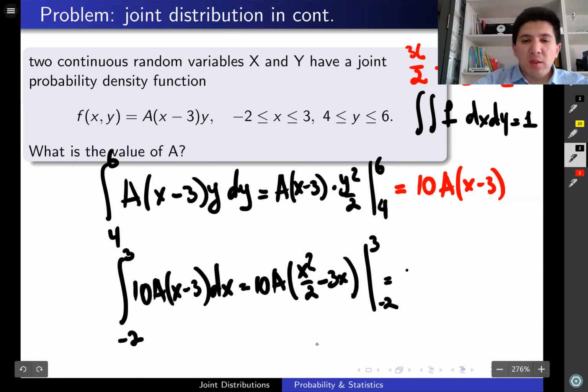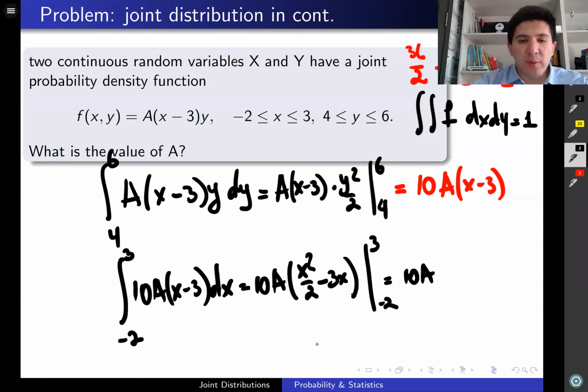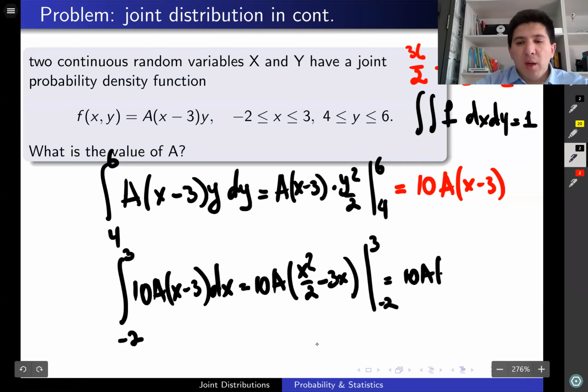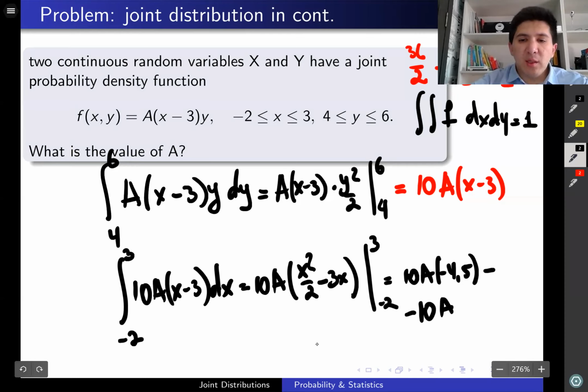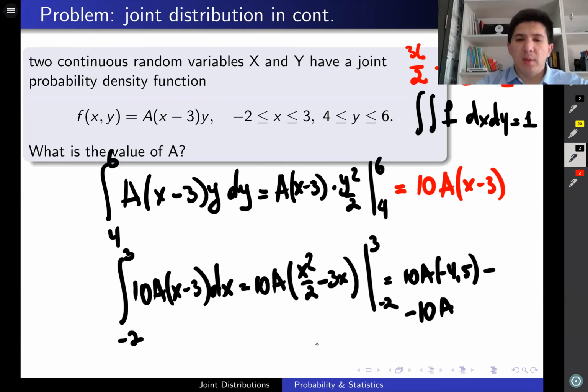If I substitute 3, it's 9 over 2, which is 4.5, minus 9, which is minus 4.5. Minus 10a times, if I substitute minus 2, minus 2 squared is 4, 4 over 2 is 2, and minus 3 times minus 2 is plus 6, so 2 plus 6, it's going to be 8.